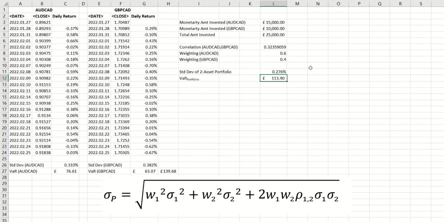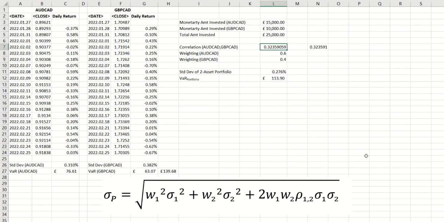Now, I'm just going to play about with these numbers a little bit, just to illustrate the power of the correlation between these 2 assets and what the effect is that that has. So I'm just going to copy the formula for that and place it here to keep that safe, and then I'm going to manually override the correlation. So first of all, I'm going to override this with a value of 1.